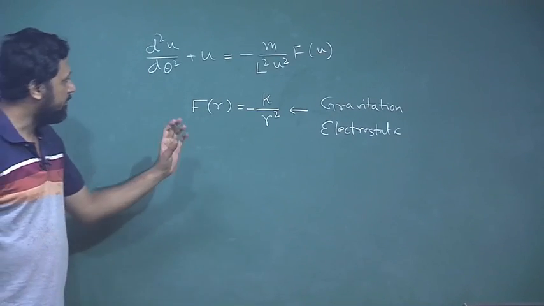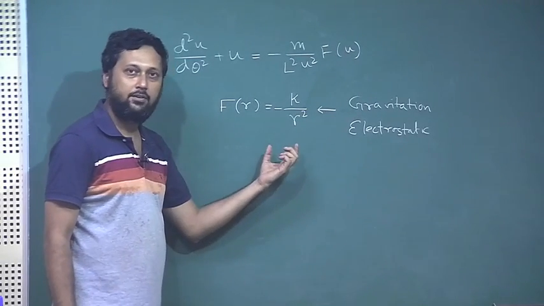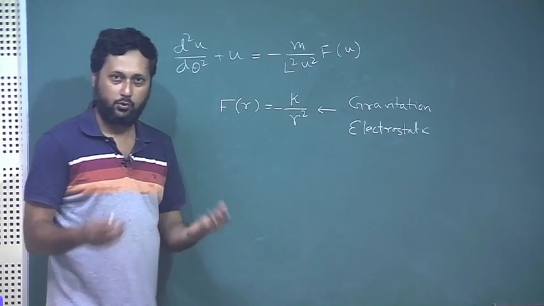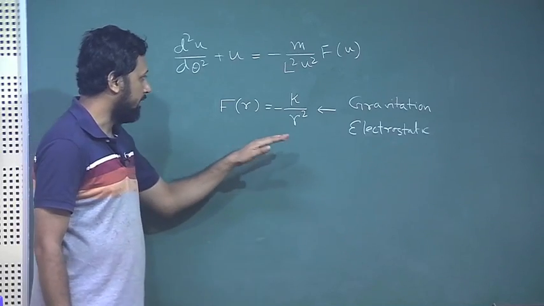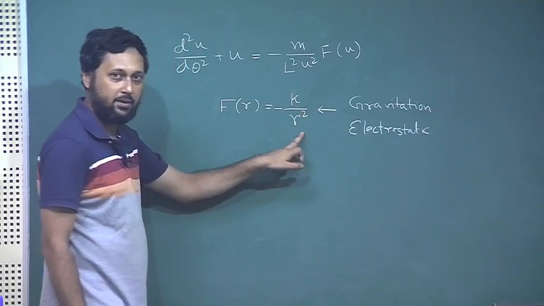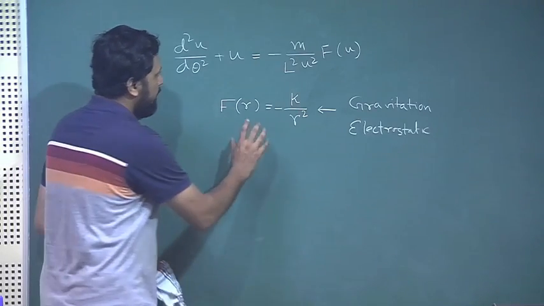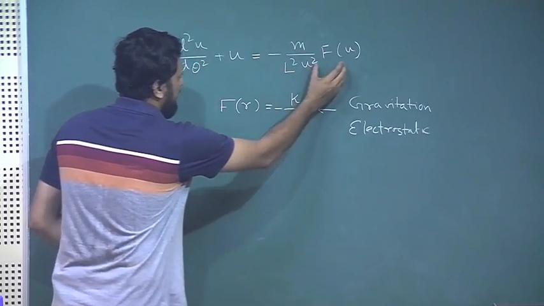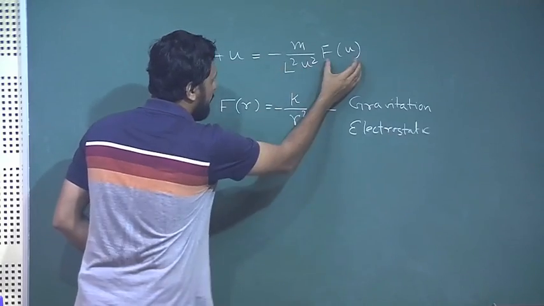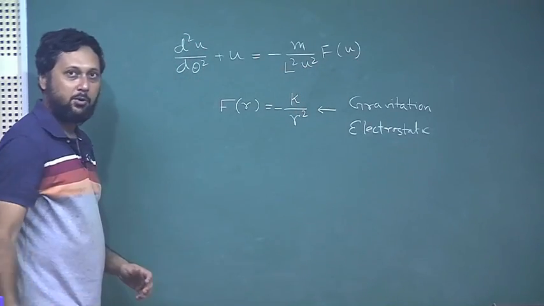So, that way it is a very universal law of force, and the very existence of the universe as we know it today depends on this particular force law, right. Anyway, we would like to see if we use this force law in this particular equation, do we get any special information about the orbit.